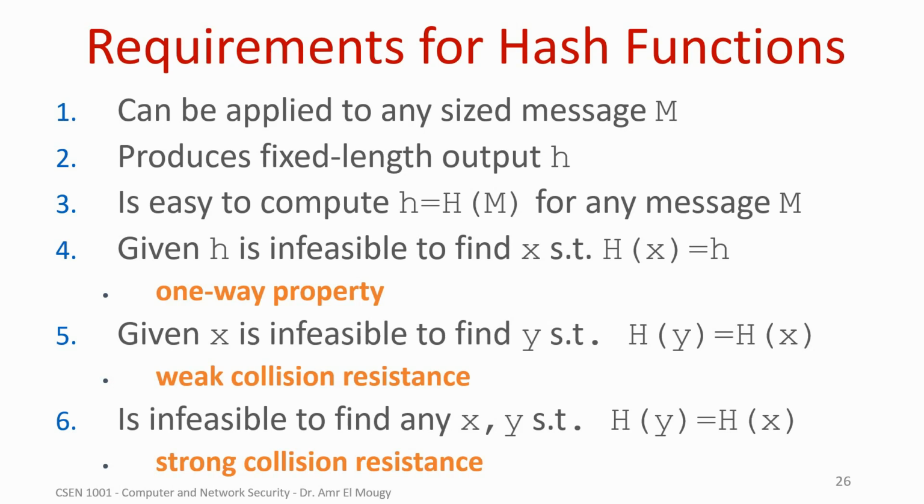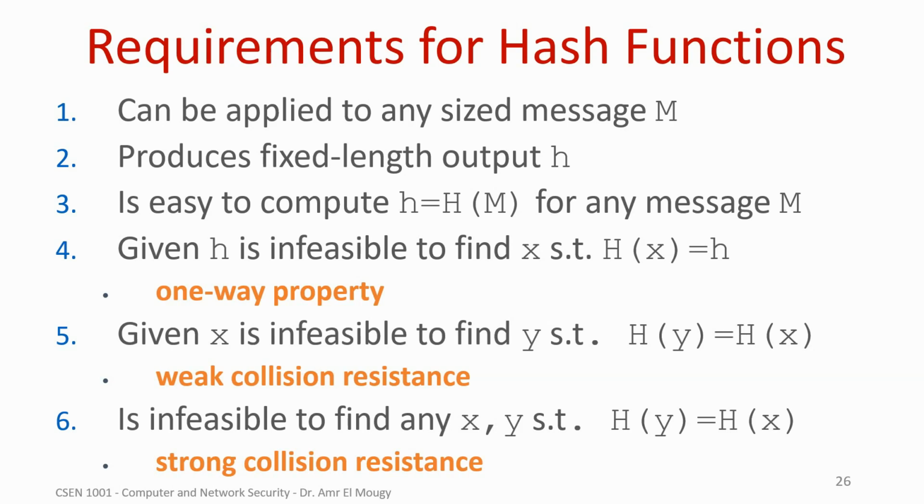The first requirement says that the hash function can be applied to any sized message M, meaning that the hash function takes as input any message of any size. There is no restriction on the message size. The second requirement says that the hash function should produce a fixed length output h. So given any arbitrary message size as input, the output size is always fixed.